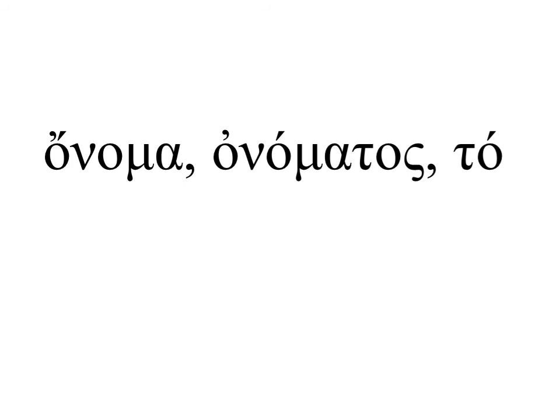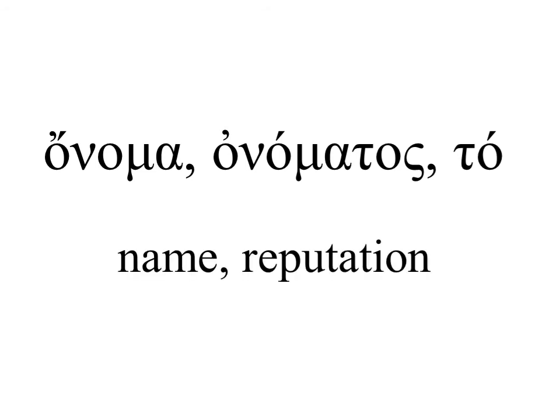Remember, a word cannot end in a tau in Greek, so the stem is anamat, but obviously for the neuter, which doesn't have an ending, the tau falls off. So we get anama, anamatas, and ta. So this is a third declension. We look there for the genitive ending, the tas, anamatas, and it is neuter, name or reputation.